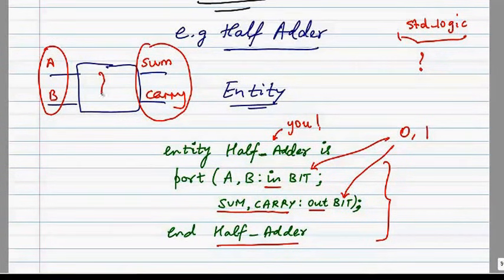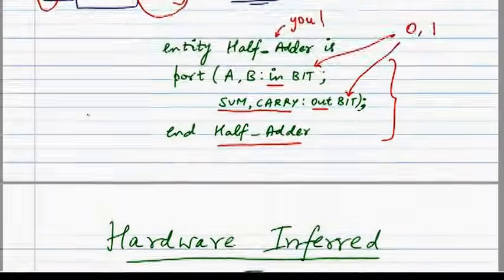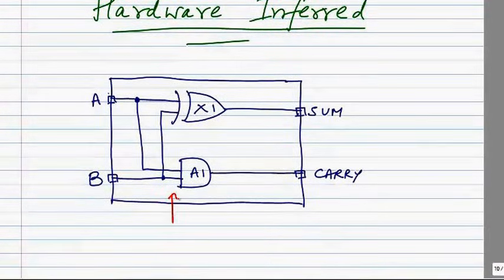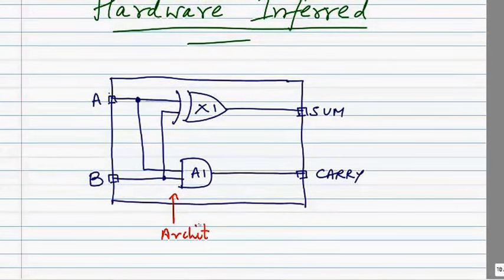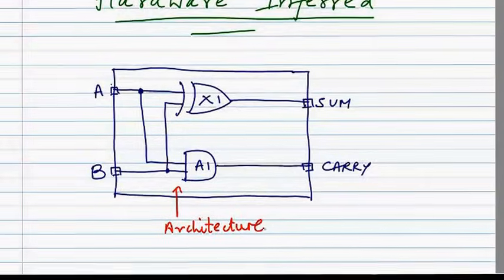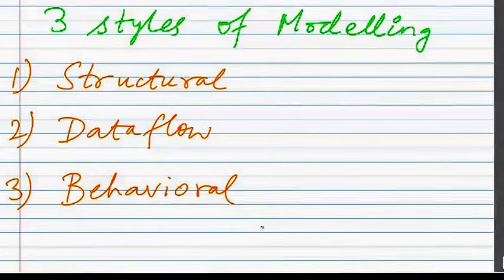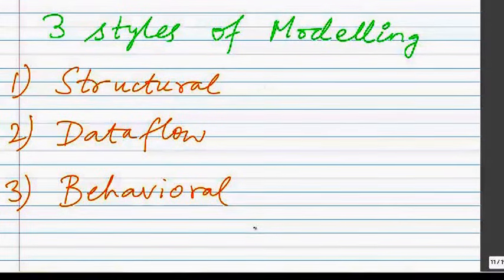Now the architecture is what we need to look at. This is the hardware that we want inside a half adder, so we would specify this as part of the architecture. Now to specify an architecture, there are 3 styles of modeling. There is the structural style of modeling, there is the data flow style of modeling, and then there is the behavioral.